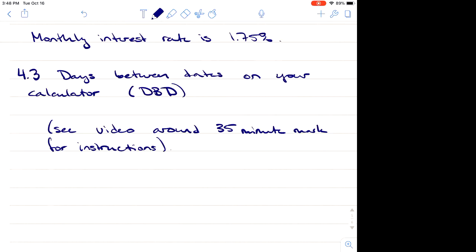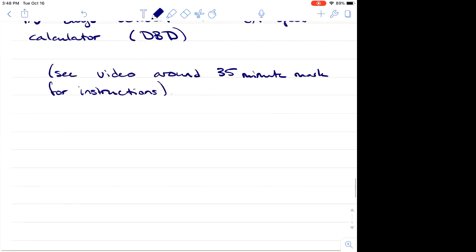So let's just make note of this notation in our notes. Okay.